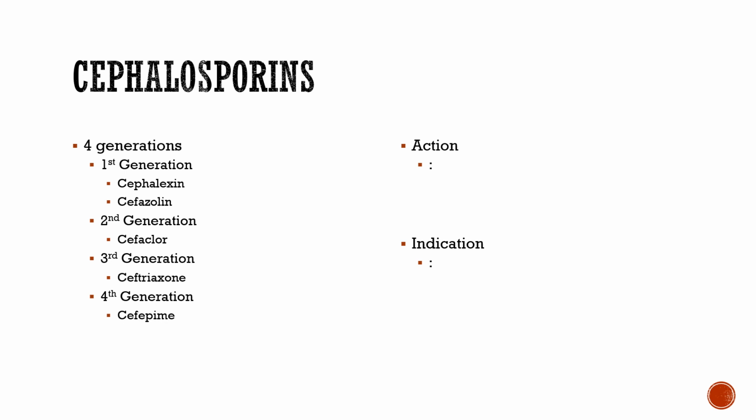What is good to know is once we get into the 3rd and definitely into the 4th generation, some of those meds can be used for infections that cross the blood-brain barrier, because these meds are able to cross that blood-brain barrier, whereas the 1st and 2nd generation cannot. But again, don't go nuts with all these. Just know that if it begins with Ceph, whether it's CEF or CEPH, it's a cephalosporin.